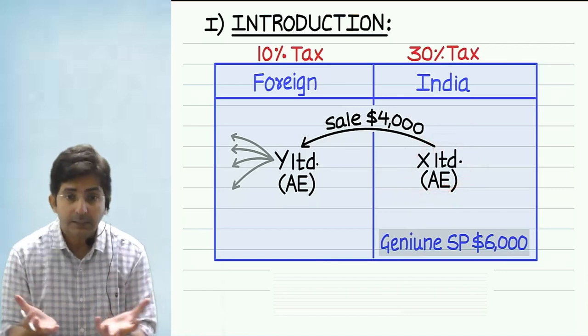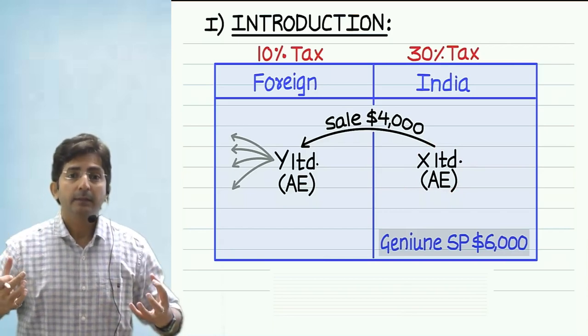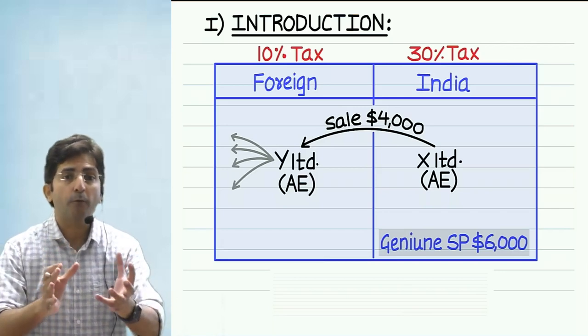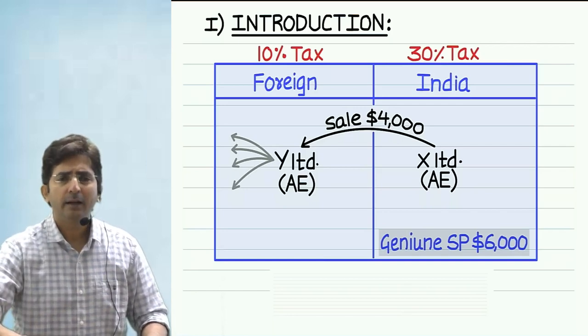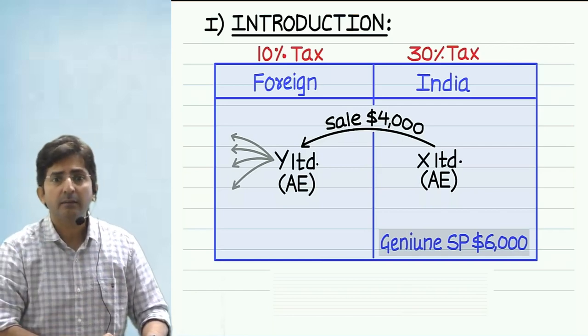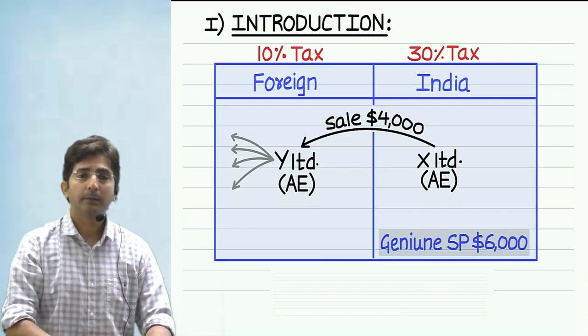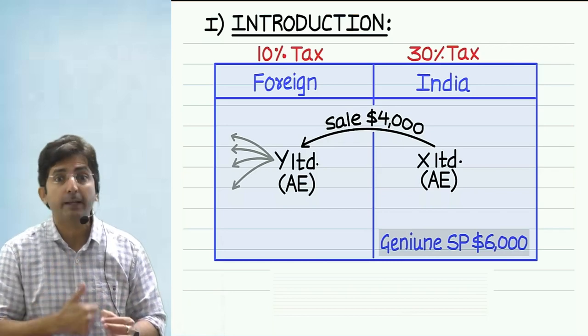So if the goods are produced in India, the profits are generated in India. It has a base in India. But that base of the profit is eroded, destroyed, and shifted to a foreign country. So that's what the Indian government is feeling bad about. Hence this cheating is called base erosion, profit shifting.